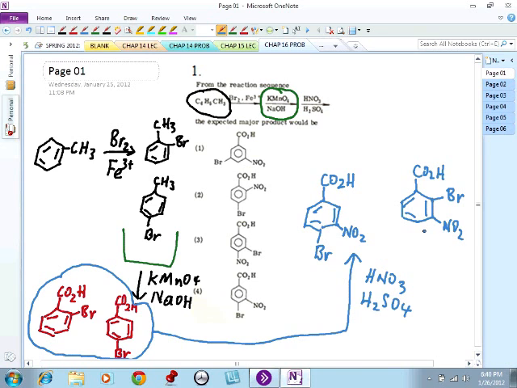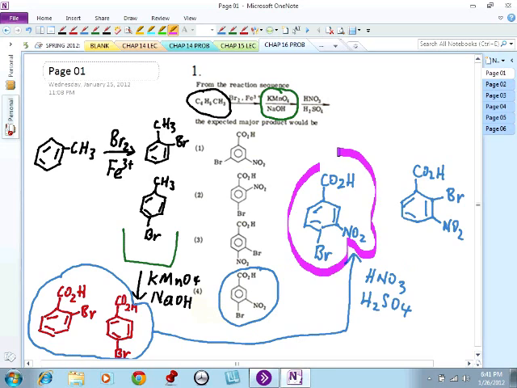So what are the choices we have here to see which one will work? Which is the correct answer? 4. This is the answer they've given us. And do we have it here? Yeah, and that is this one here. So this question is not as innocent as it looks. You have to go through a bunch of reactions to actually get to the solution.